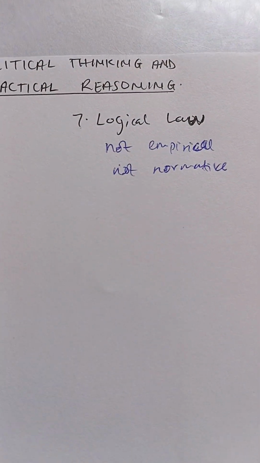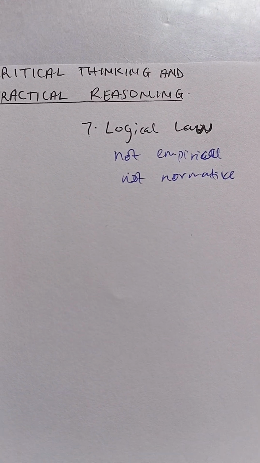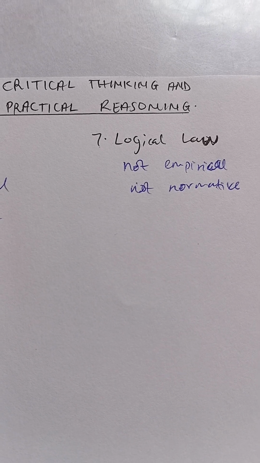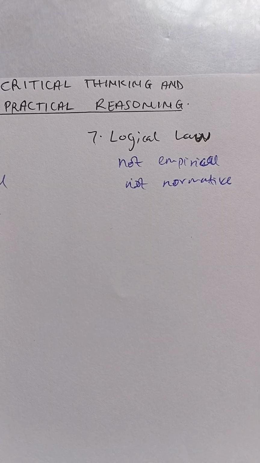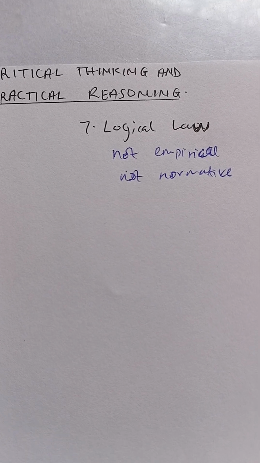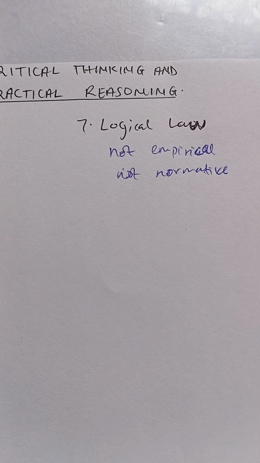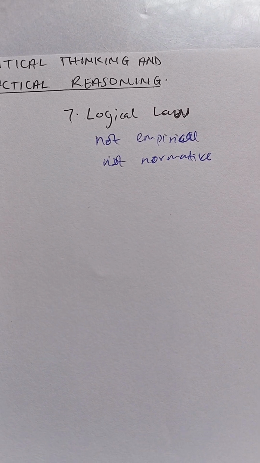Logical laws are basically analytical and they are formal. So they link statements. They link true or false statements one after the other, following from the same premise. And this one helps to distinguish good and bad reasoning.